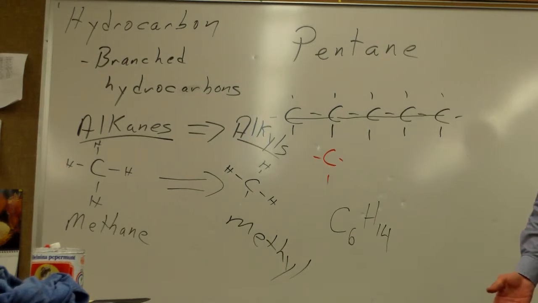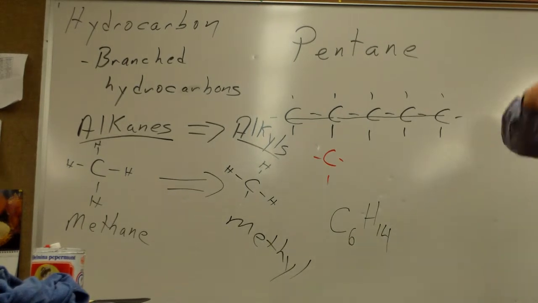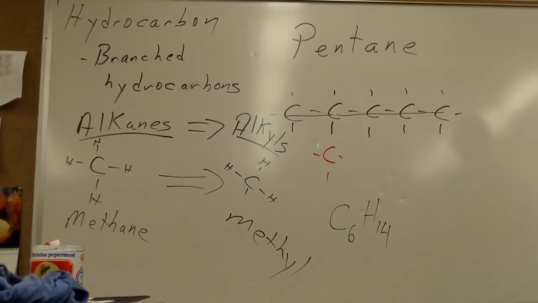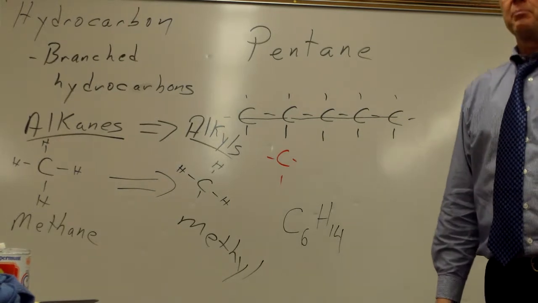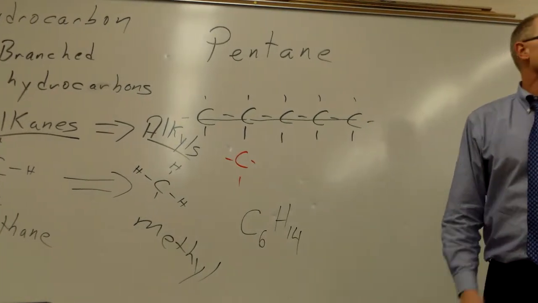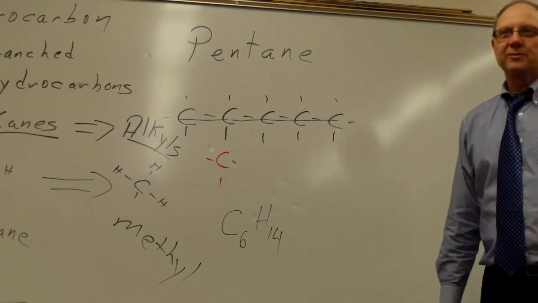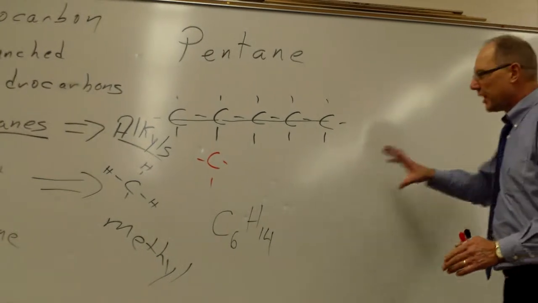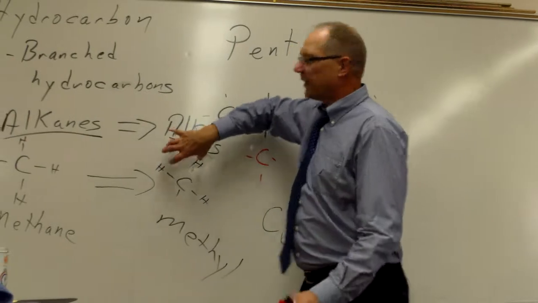Ethane to, everybody say, ethyl, and propane to propyl, and butyl, pentyl, hexyl, heptyl, octyl, nonyl, decyl. So you can make side chains out of any one of those. Okay, so our side chains are alkyls.